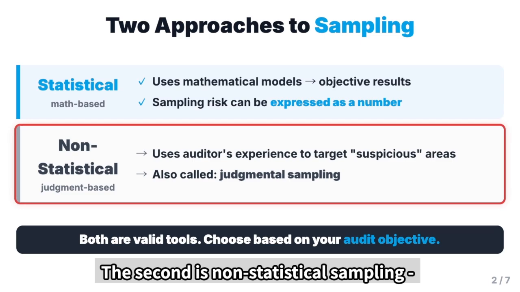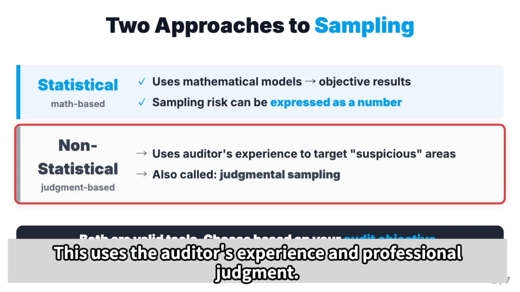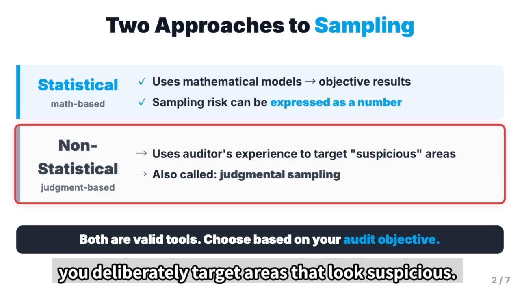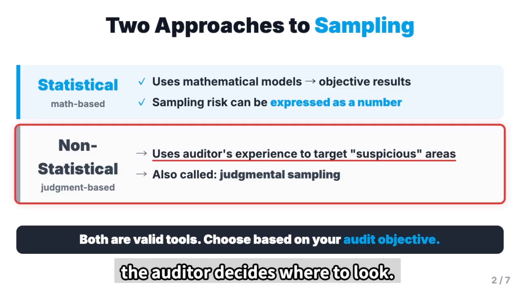The second is non-statistical sampling, also called judgmental sampling. This uses the auditor's experience and professional judgment. Instead of randomly selecting records, you deliberately target areas that look suspicious. The auditor decides where to look.